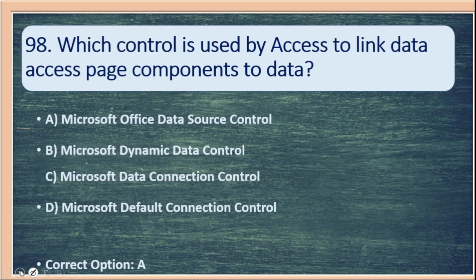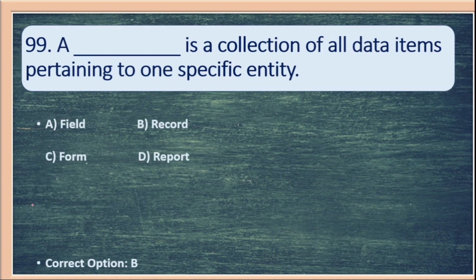Microsoft Office Data Source Control, Microsoft Dynamic Data Control, Microsoft Data Connection Control, Microsoft Default Connection Control. Answer is A. A blank is a collection of all data items pertaining to one specific entry: field, record, form, report. Answer is B, record.